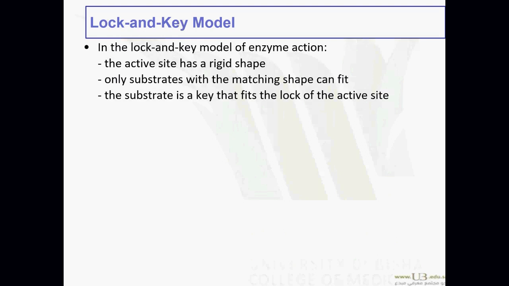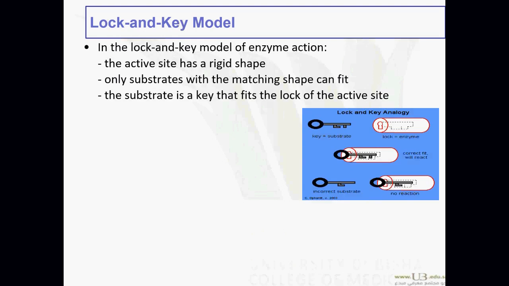By that, each enzyme is just specific to its substrate, where its active site cannot fit any other type of substrate. But this theory or model of explaining the enzyme mechanism is explained by this image.